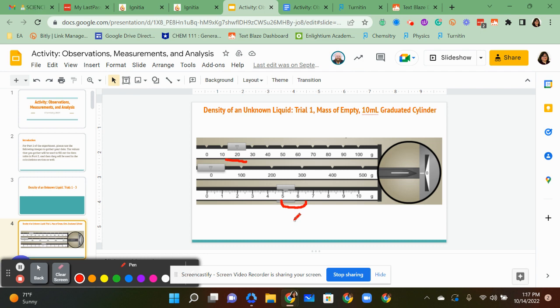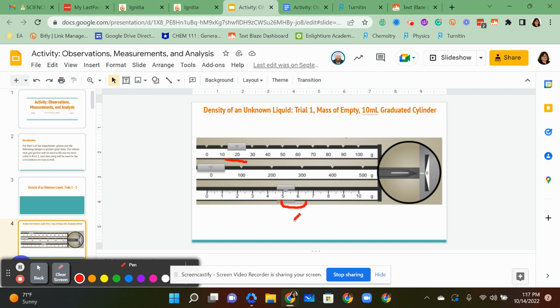So in this case, I would say 25.20 grams, because I'm including the 10th place value since there's a line, a notch for that division. And then I'm also including the uncertain number, which is the 0.